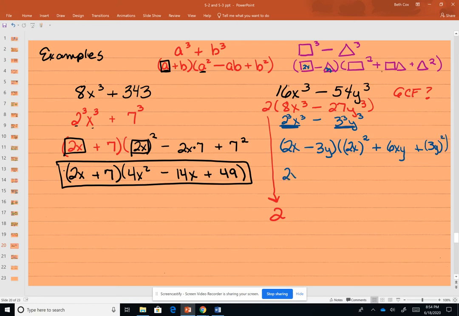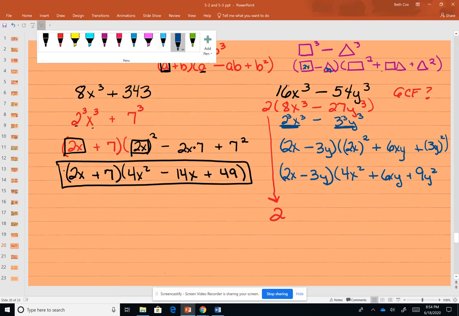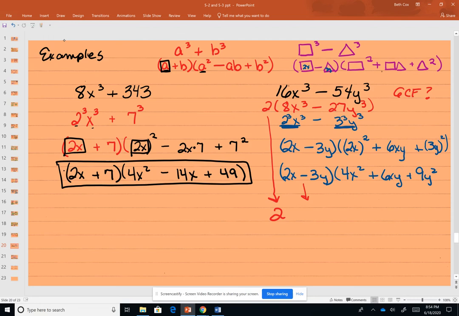So that gives me 2x minus 3y times 4x to the second plus 6xy plus 9y to the second. Don't forget the 2 that was on the outside. Remember my GCF? So let's write the final answer, copying it all down one more time just to make it look pretty.